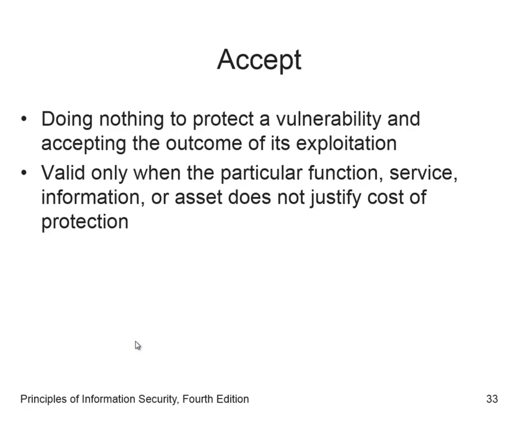We need to evaluate the controls that need to be used. Is it feasible to control it? We need to decide whether the particular function or service or information or asset can be justified with the cost to be protected. If they are justified to be protected, then we need to take an action.